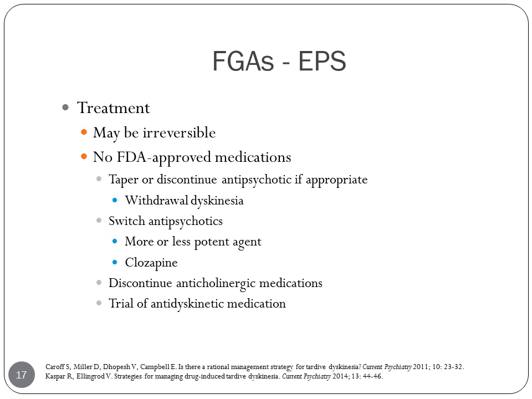Switching to a second-generation antipsychotic has been associated with reduced tardive dyskinesia symptoms, especially things like quetiapine and clozapine. Clozapine is actually the least likely to cause tardive dyskinesia and can decrease abnormal involuntary movements. However, this data is conflicting. Once again, make sure to discontinue all anticholinergic medications, and then you can consider a trial of an antidyskinetic medication.